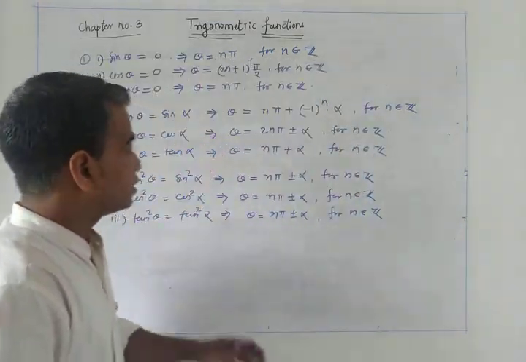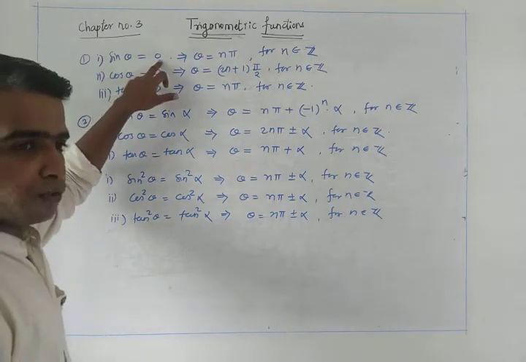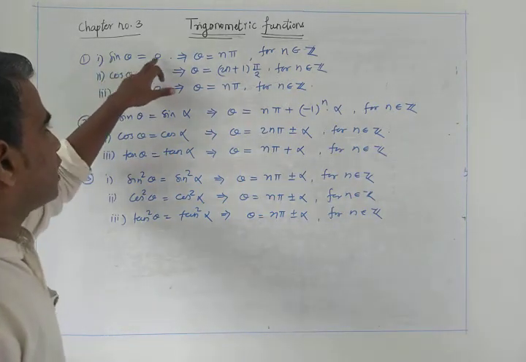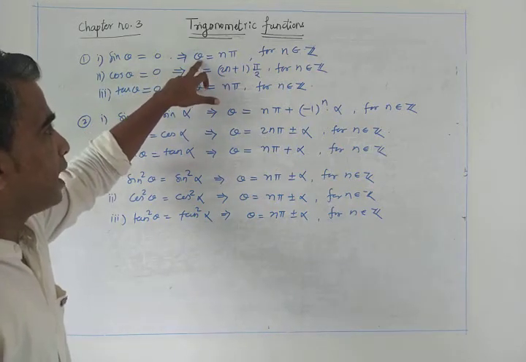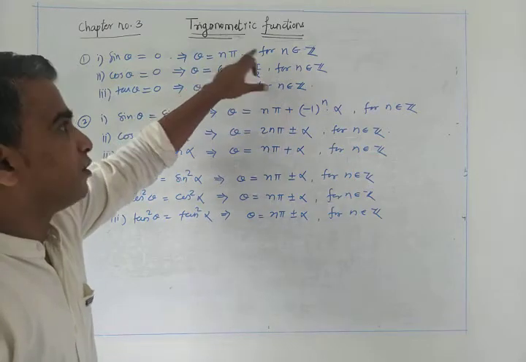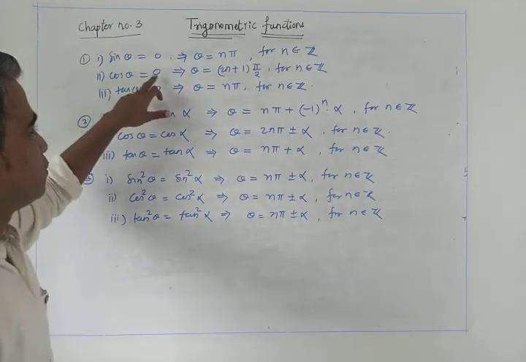So see the formulas. The first set of formulas is related to sin theta equal to 0. When you have the function sin theta equal to 0, then the angle value can be written as theta is equal to n pi for n belongs to Z. Next is cos theta equal to 0.